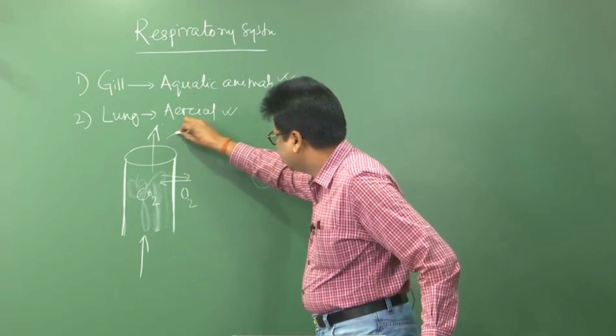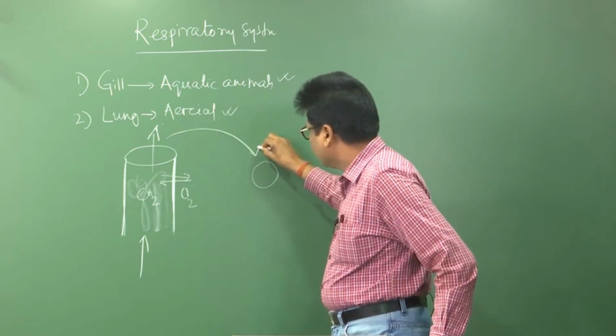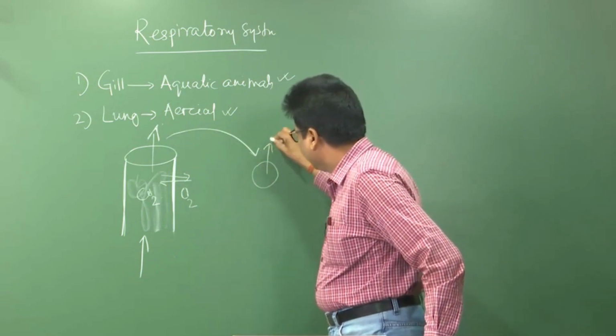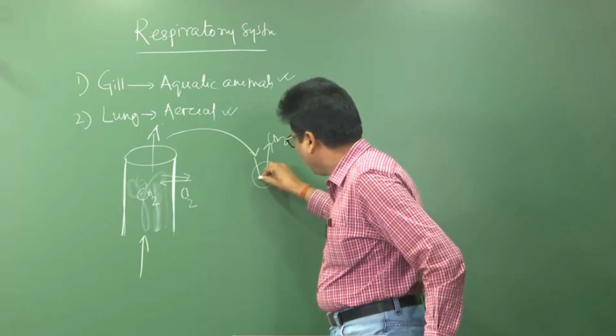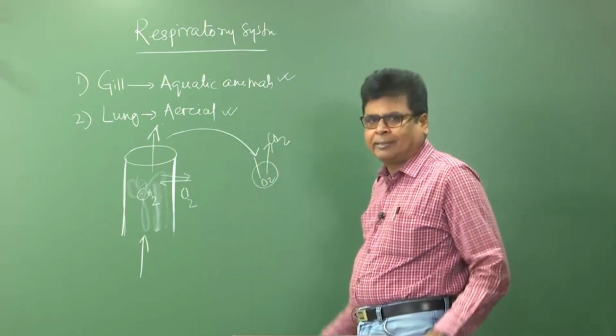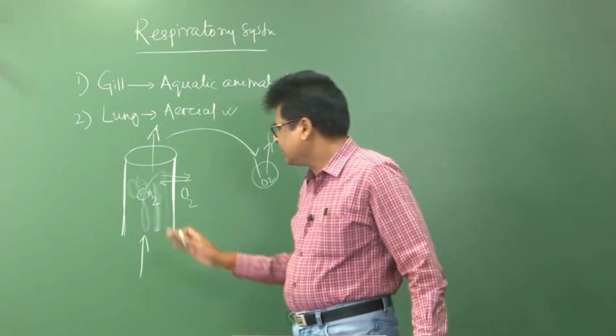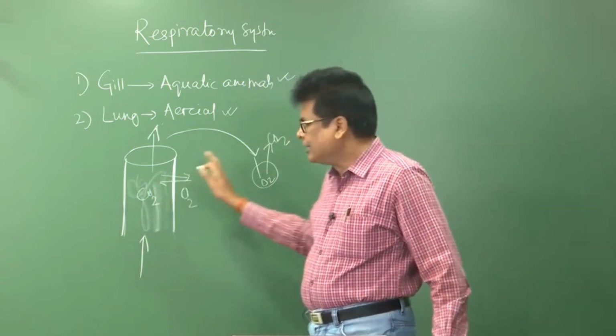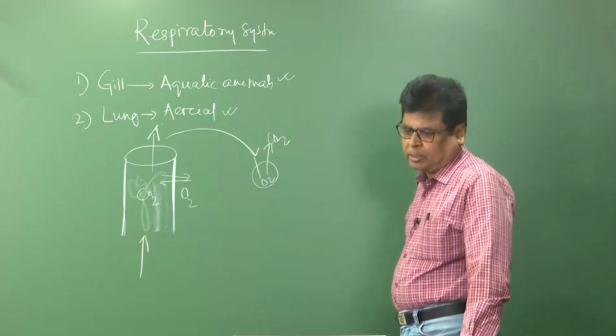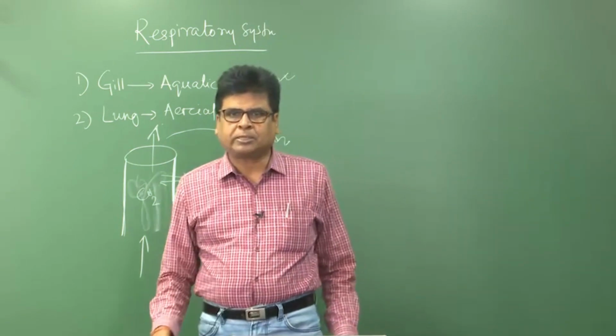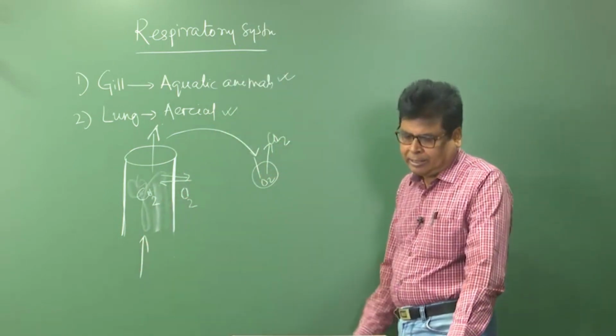Once this oxygen is given to the tissue, immediately the tissue gives carbon dioxide to the blood, and the blood gives the oxygen to the tissue. That means at two places there is exchange: first between environment and blood, and second between blood and tissue. This is known as external respiration and this is known as internal respiration.